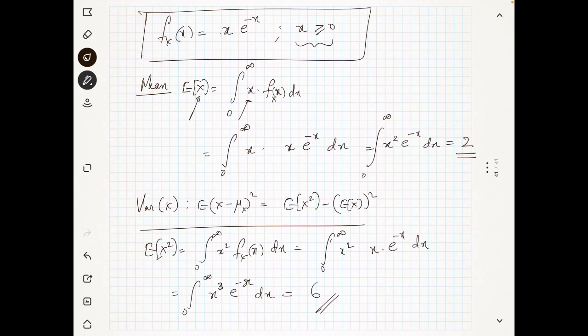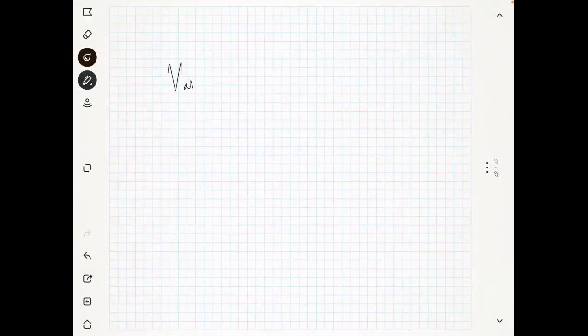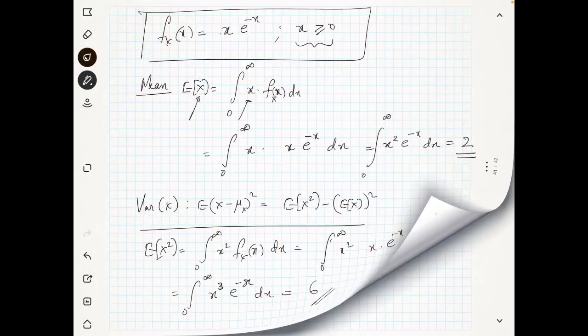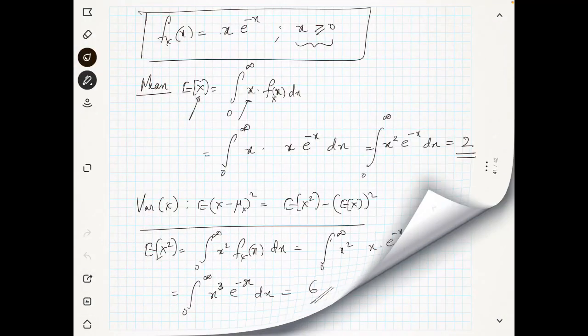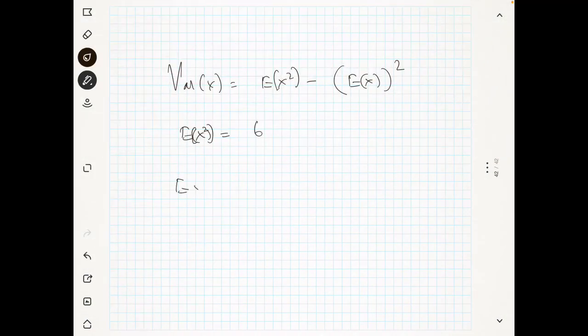Okay, now we will find the variance of x, which is nothing but expected value of x square minus expected value of x the whole square. Expected value of x square you have got already, which is 6, and expected value of x was 2.